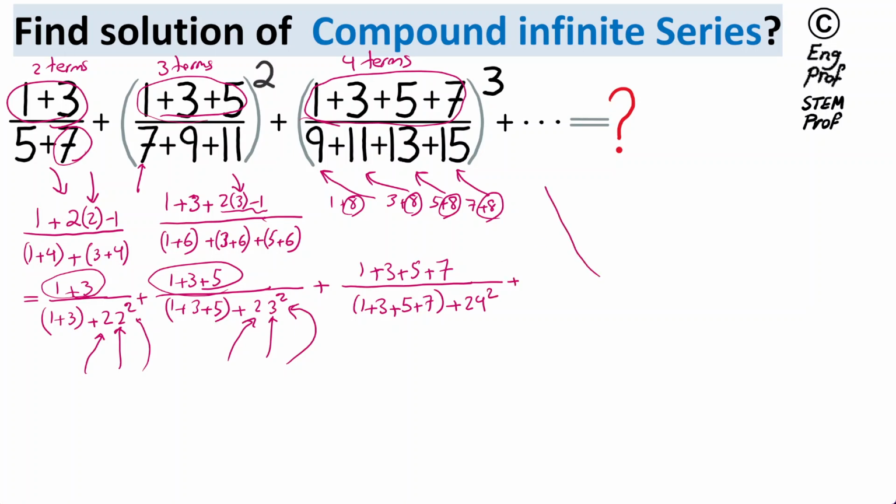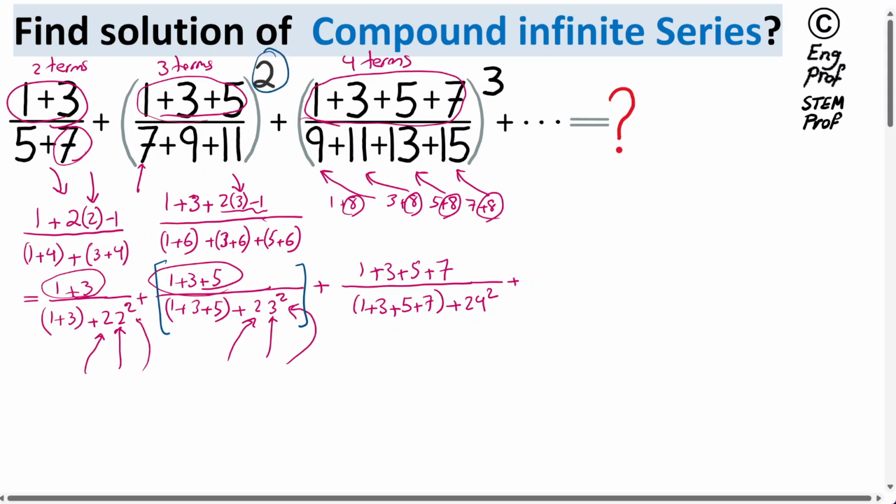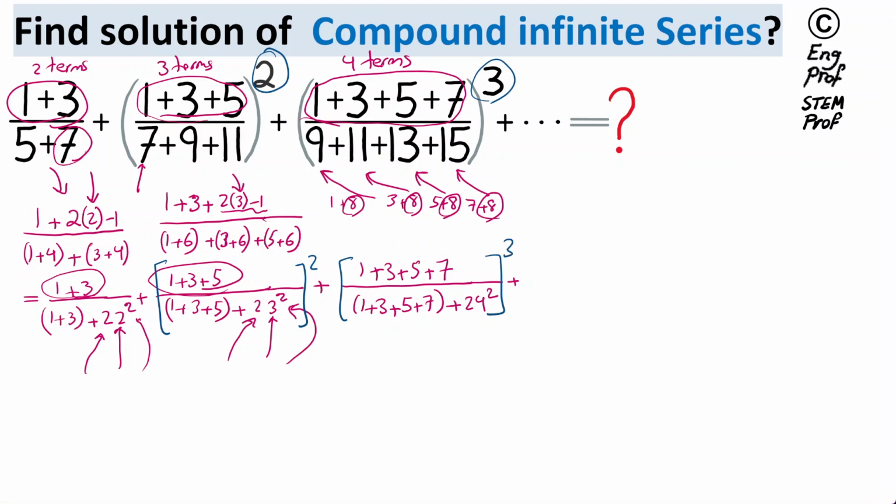Now, if it wasn't an infinite series, if it was finite, I want one other thing. It's easy to forget about this compound sort of series. We have a power of 2 here, so I need to keep it there, and we have a power of 3 here, so I need to keep that there as well.